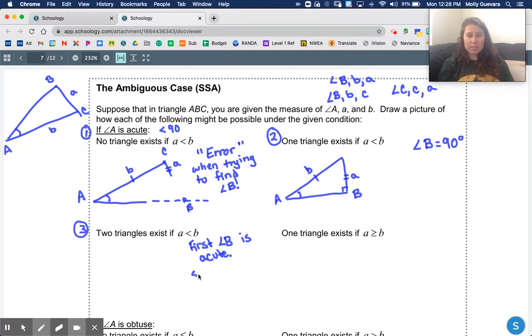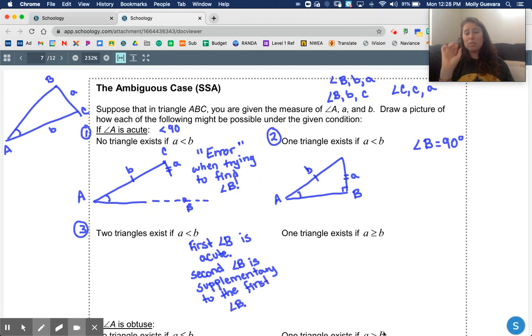So then your second angle B is supplementary to the first angle B. So if I solve, and I get B is 30 degrees, then that tells me that my other B is 150 degrees because they have to add to 180.